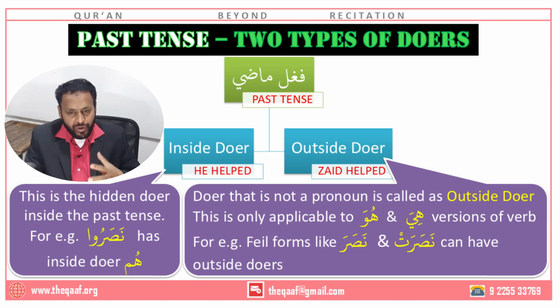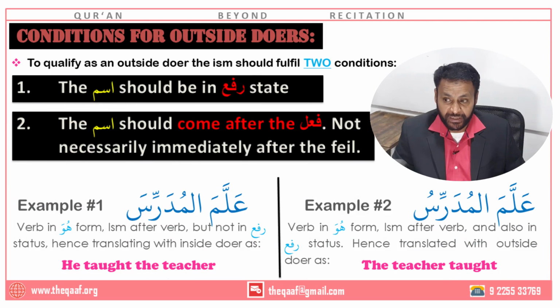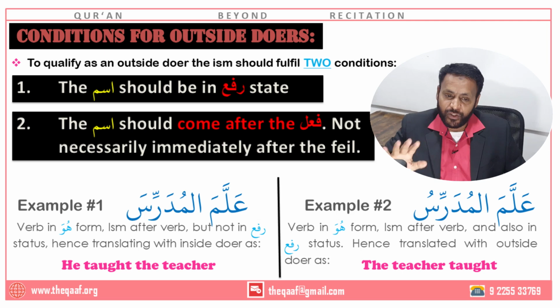If the verb is in the huwa hiya form and we want to have an outside doer example, then it needs to fulfill two conditions. You need to check for the two conditions. If these two conditions are satisfied, you have a case of outside doer. If any one of them fails, go ahead with the inside doer. There is no outside doer.